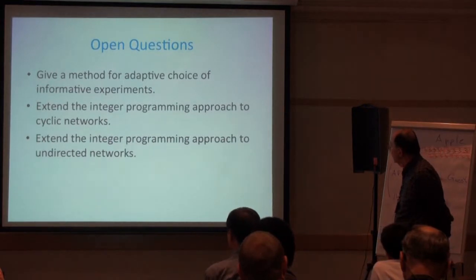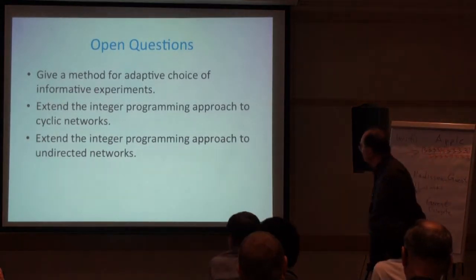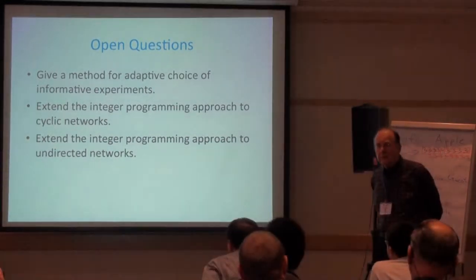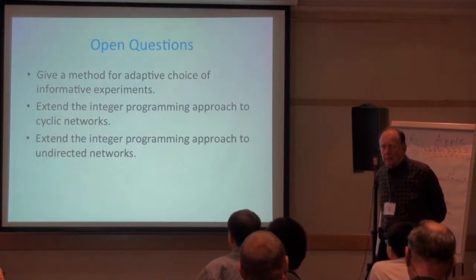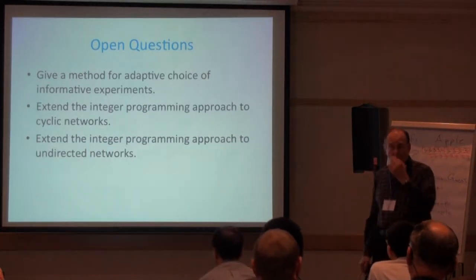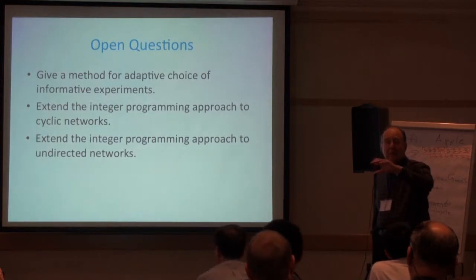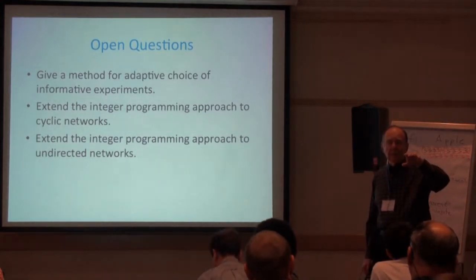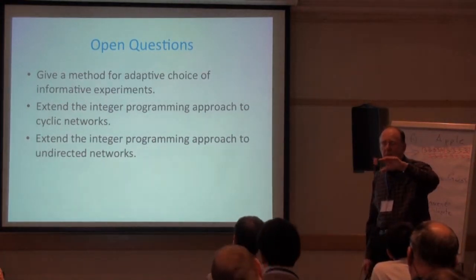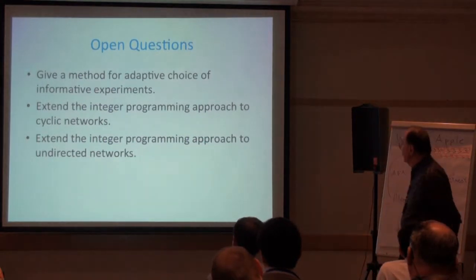We think that the integer programming approach can be extended to cyclic networks. Here you get the complication that there might be many equilibrium states of the network, even under fixed inputs. So there are some complications, but I think they can be handled.